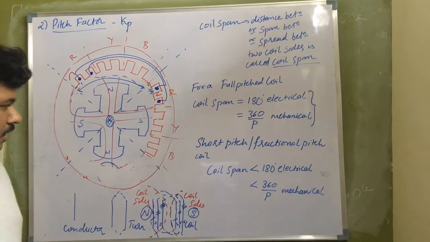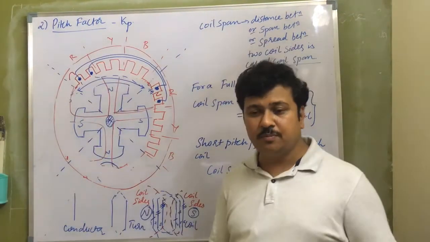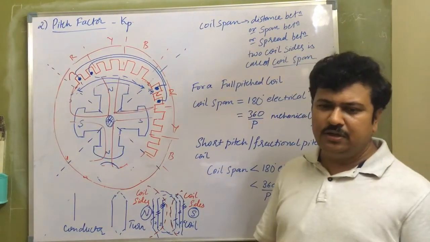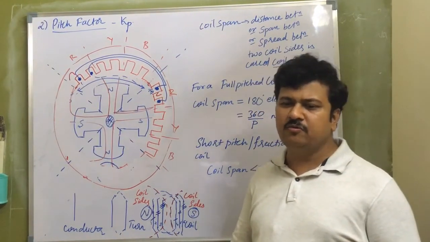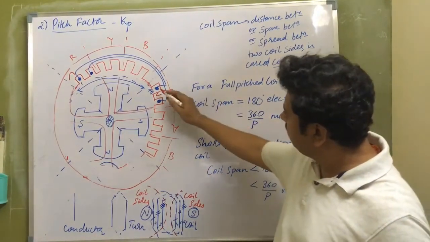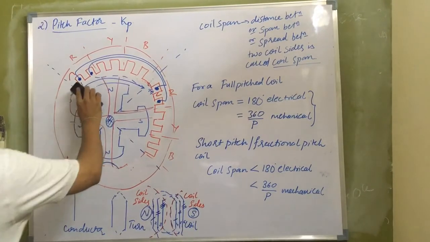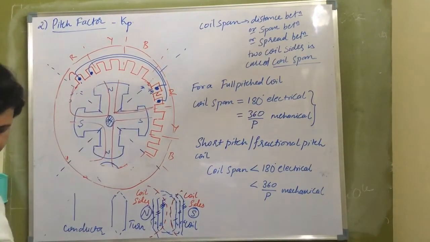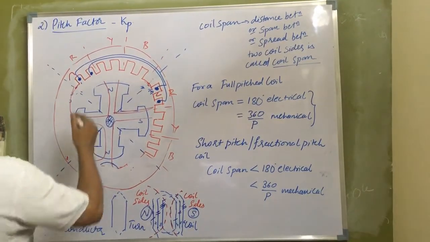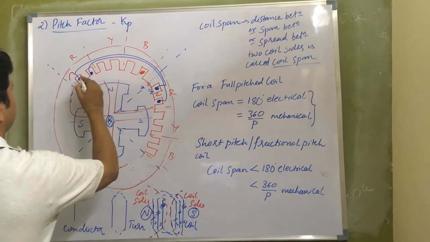Generally we don't go for full pitch winding, because with full pitch winding we get harmonics and the induced EMF will not be sinusoidal, so we go for short pitch winding. So instead of placing one coil side here, I will place it before. Suppose I place this coil side here.